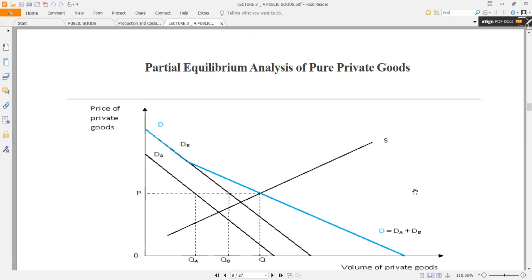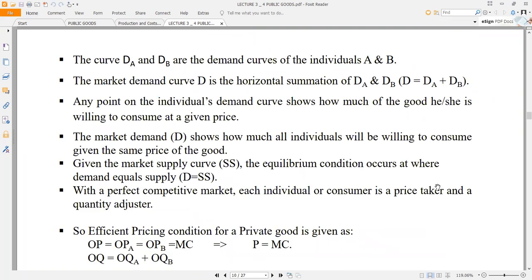Demand. So this is what happens in the market for a private good. So for the firm, now individual A is faced with price P.